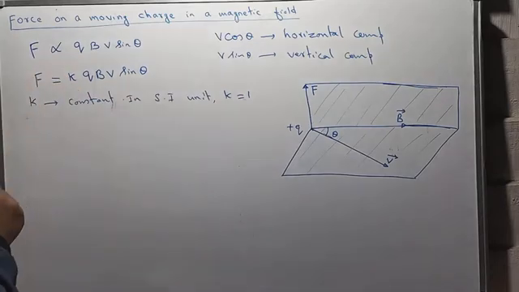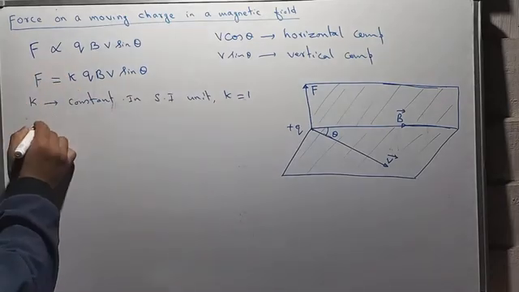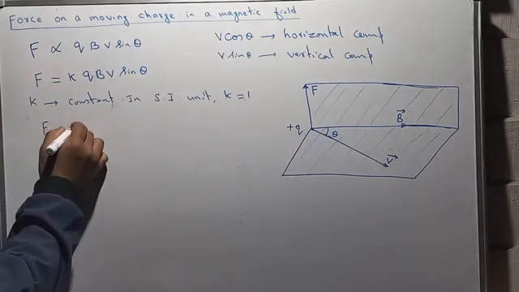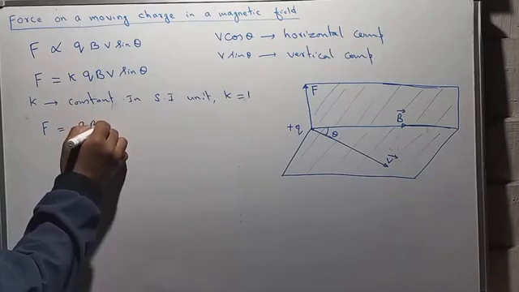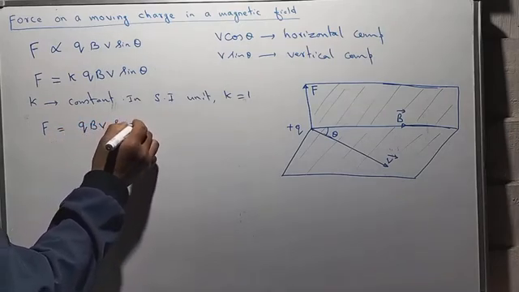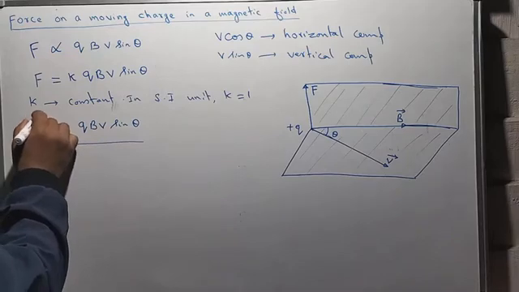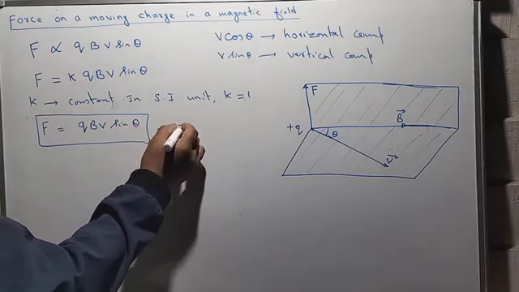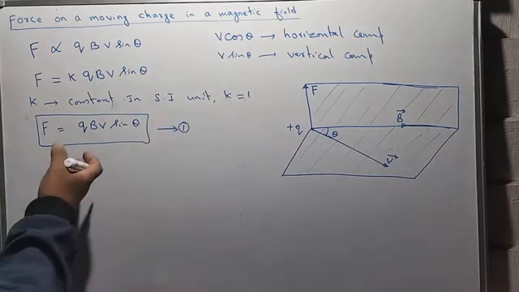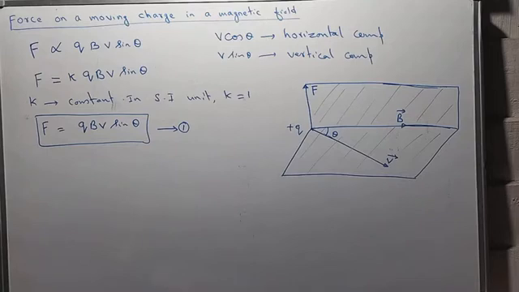So if k is equal to 1 in SI units, then this equation now becomes F = q B v sin theta.